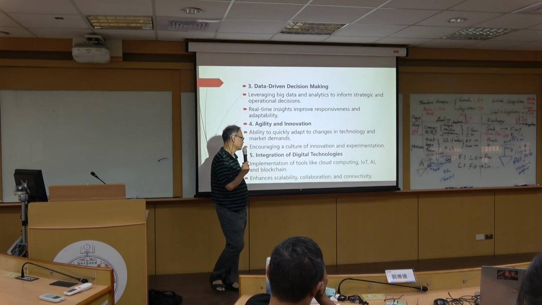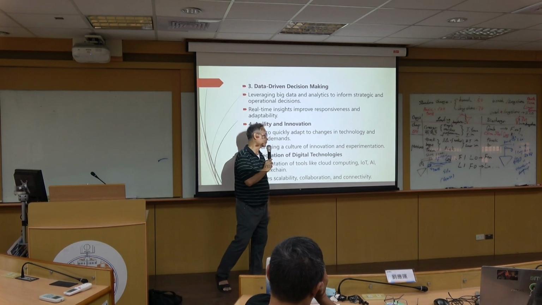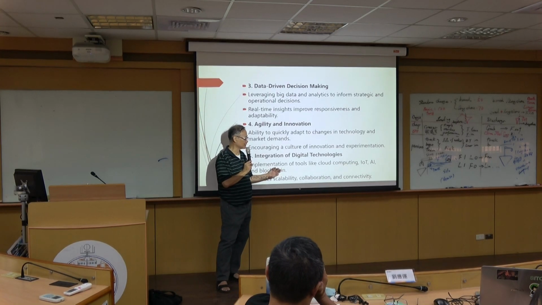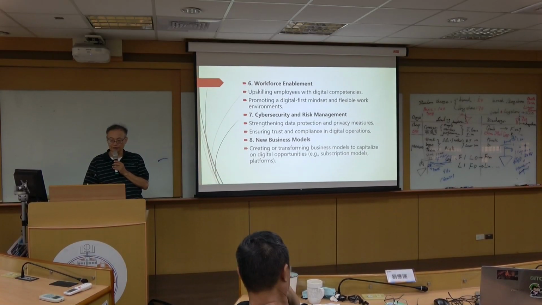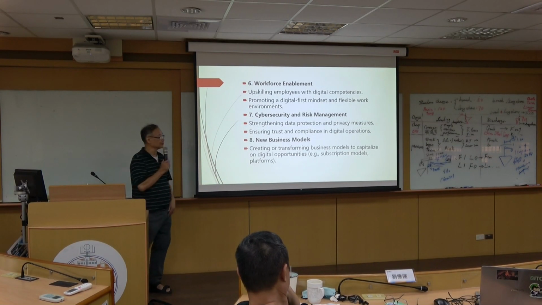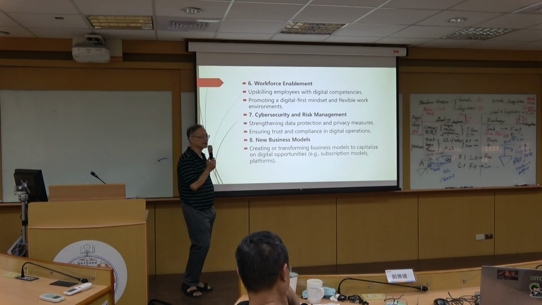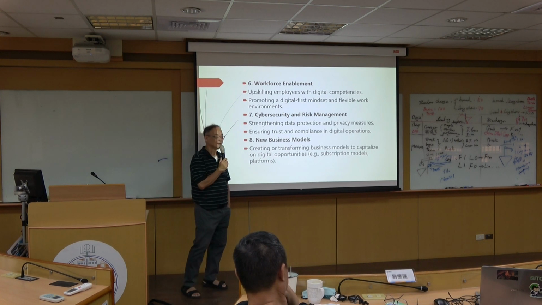Integrate all the digital technology, for example, cloud computing, IoT, AI, blockchain. So you can use ChatGPT to make this. And also the workforce level: it makes all the employees work in a more fresh, administrative environment.